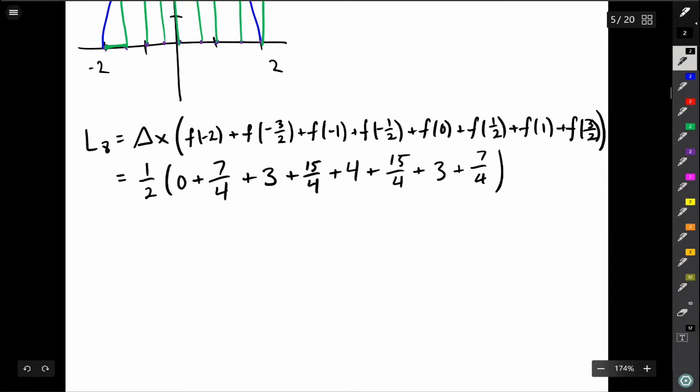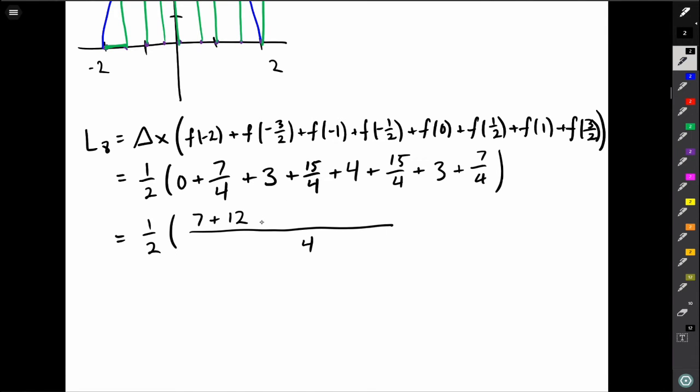Right, so we want to add all this up. So we have 1/2. Let's see. What do we get here? We have 7/4 plus 3, so that's going to be 12. I'm going to give all these a common denominator here. The 0 I'm going to leave off. Let's see, plus 15, plus 16, plus 15, plus 12, plus 7.